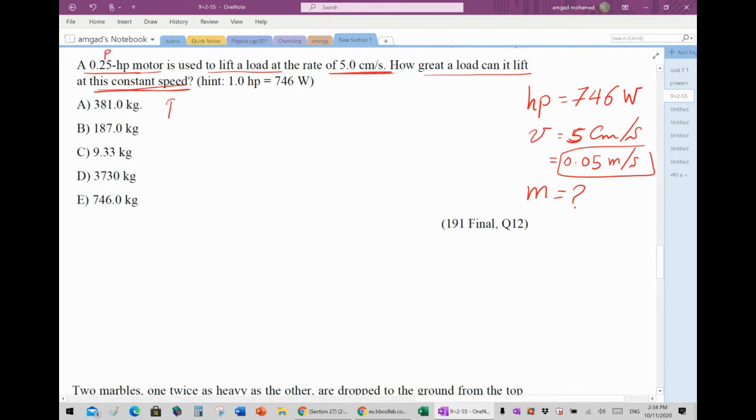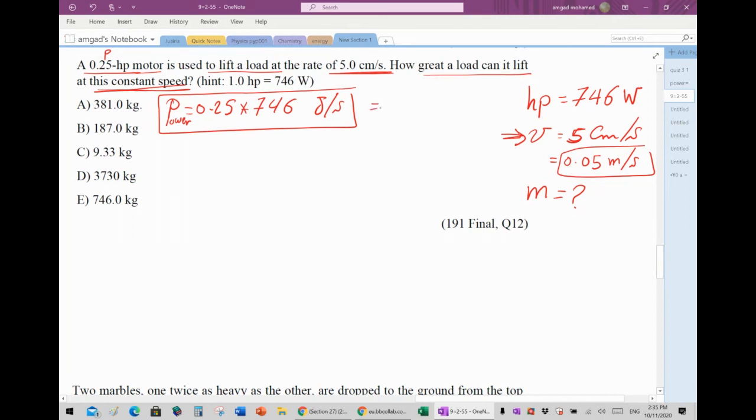The power equals 0.25 horsepower times 746 watt, or joule per second, whatever you want to say. This is the power. And I know the speed of the object, and I need the mass of the object.